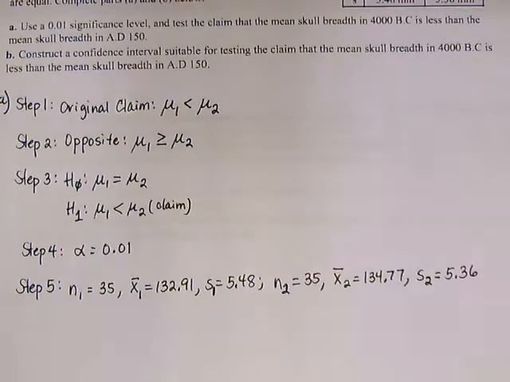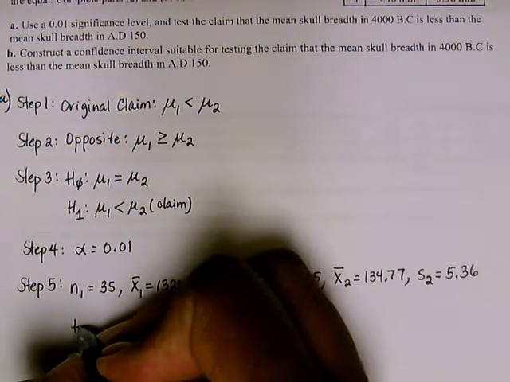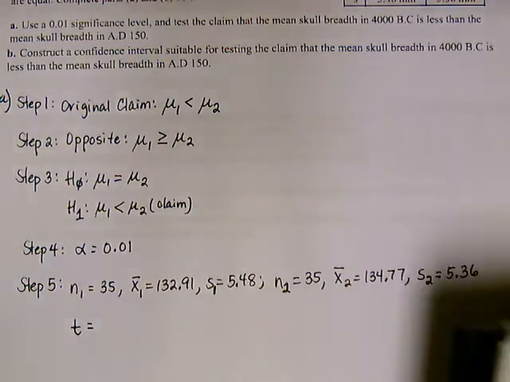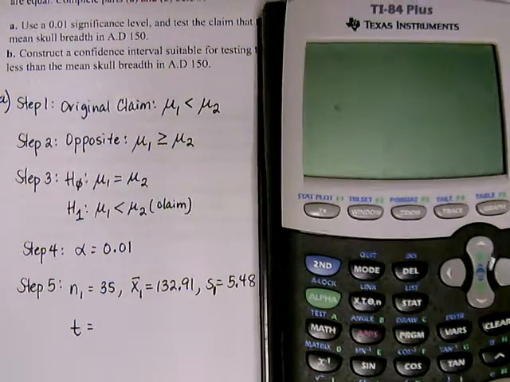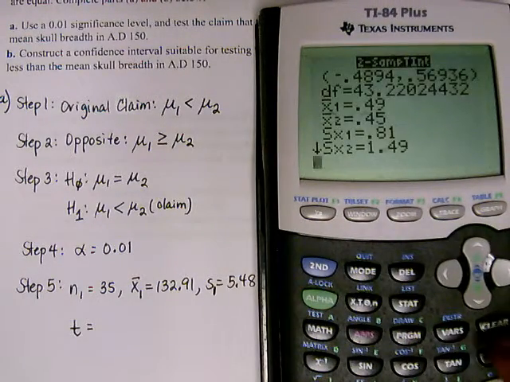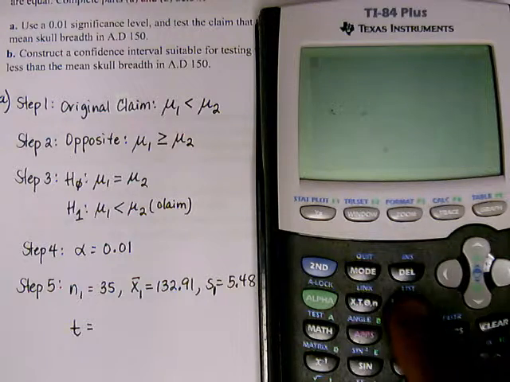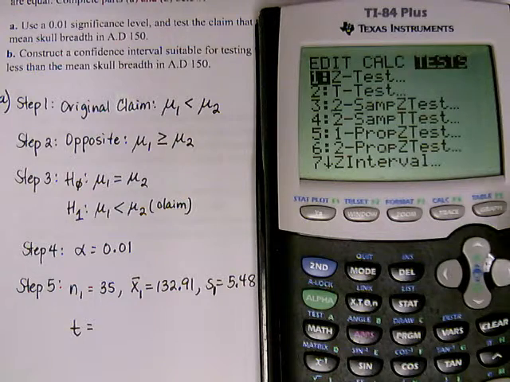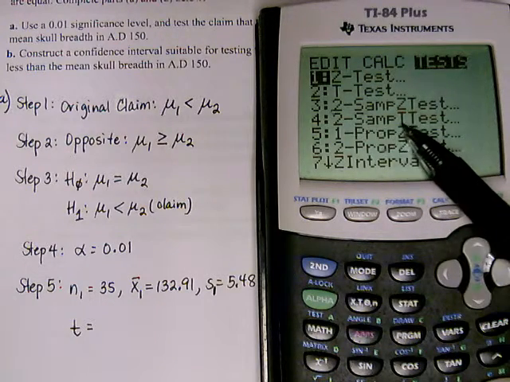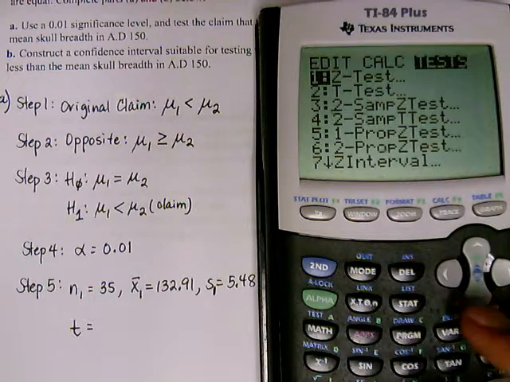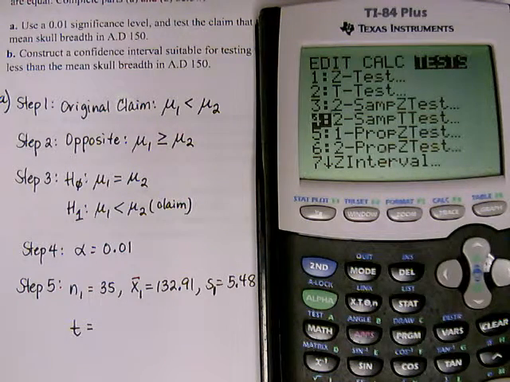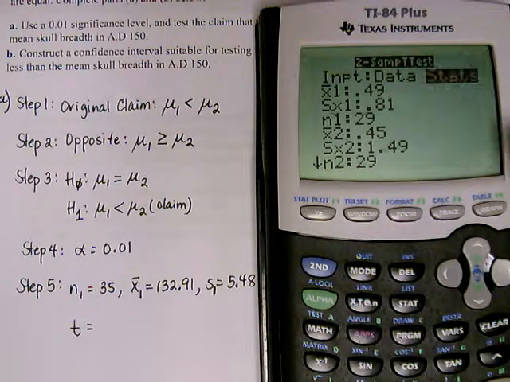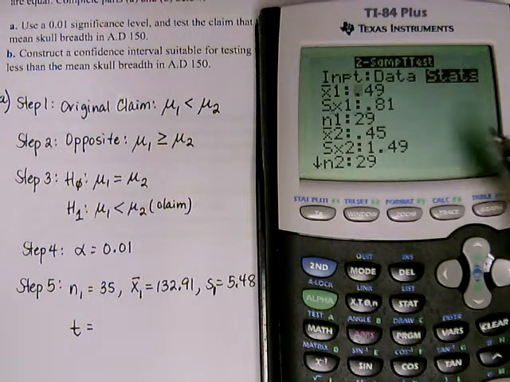So now let's use our graphing calculator to calculate your t-test statistic. We press the stat key, use our right arrow key to highlight test. The one we want to select is your 2-SampTTest. Highlight that and press enter. Stat should already be highlighted, so hit your down arrow key.